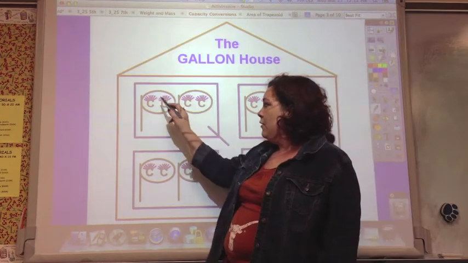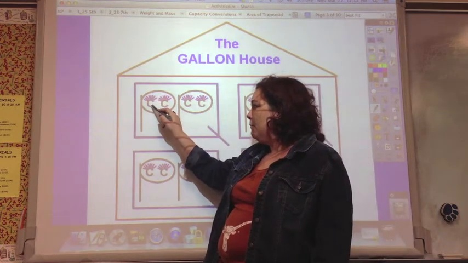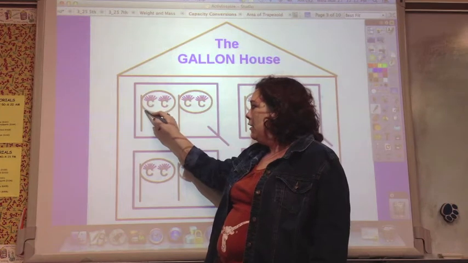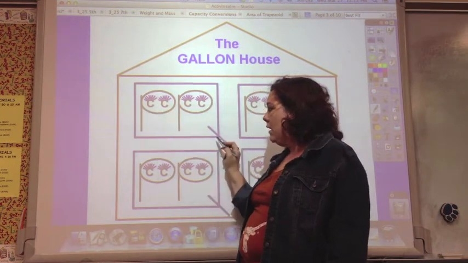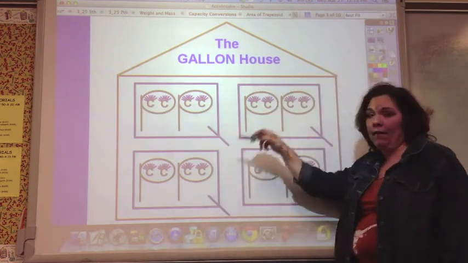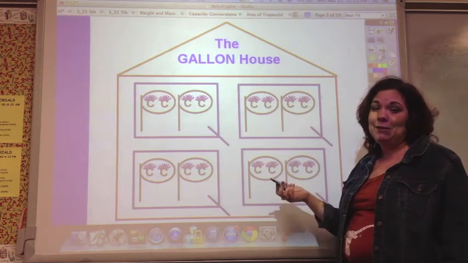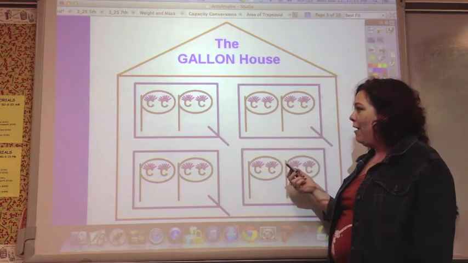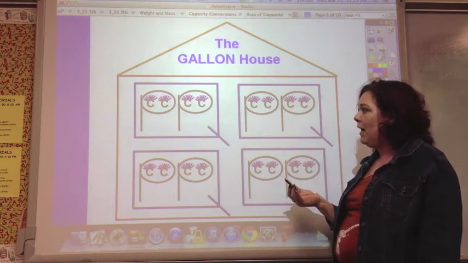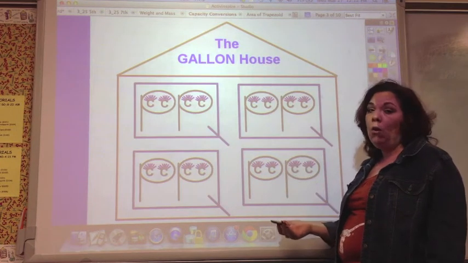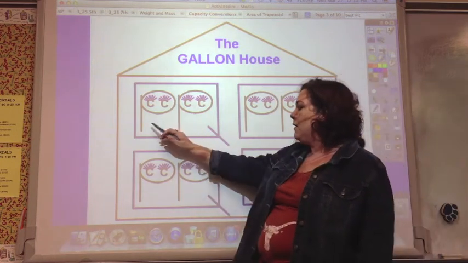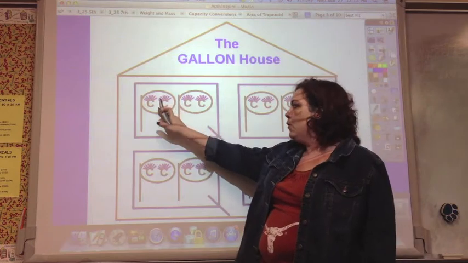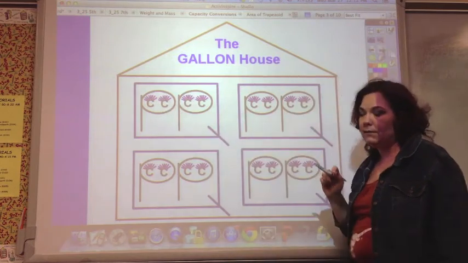So you have 8 fluid ounces in a cup, 2 cups in a pint, 2 pints in a quart, and 4 quarts in a gallon. And so you don't have to do all the conversions. If I ask you how many pints in 2 quarts, you would just count them up. Here's 2 quarts. Here's 1, 2, 3, 4 pints.